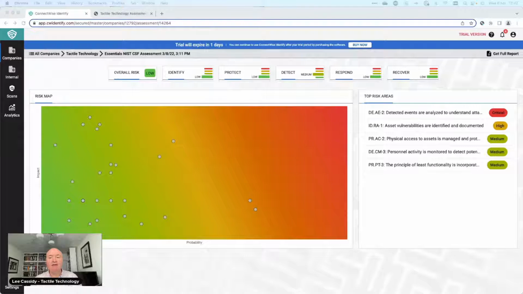We then have a list of the critical, high, and medium risks associated with it, and all the low ones are left out of that list at that point. We can see each section is summarized. Under identify, we've got low risks; protect, low; detect, medium; respond, low; and recover, low.